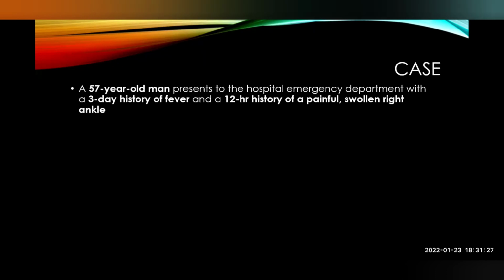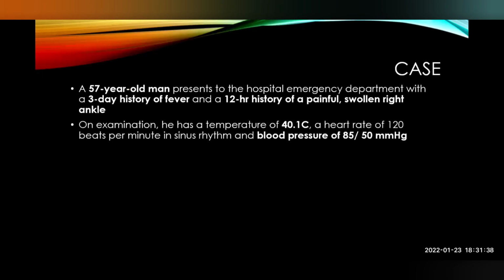So first we have this case. A 57-year-old man presents to hospital emergency with a 3-day fever history and a 12-hour history of painful swollen right ankle. On examination, he is febrile and his BP is 85/50.